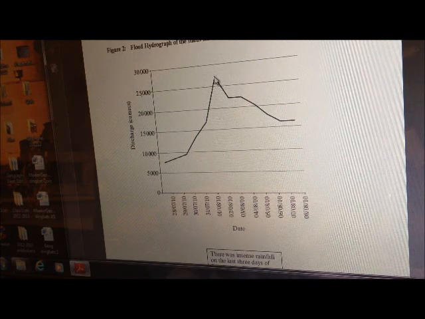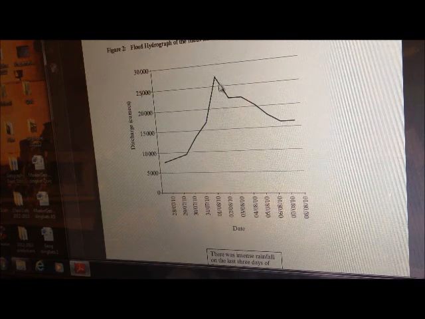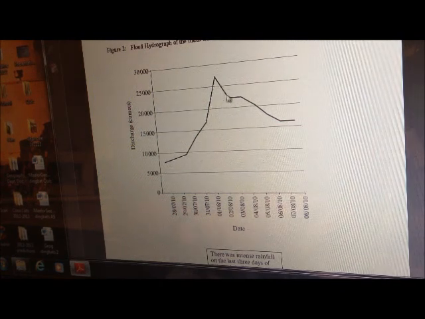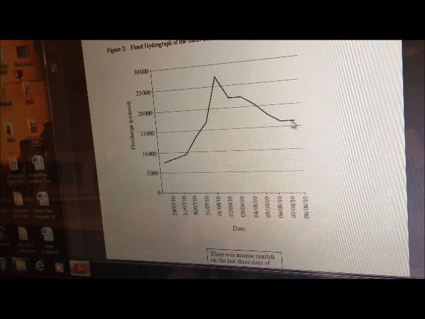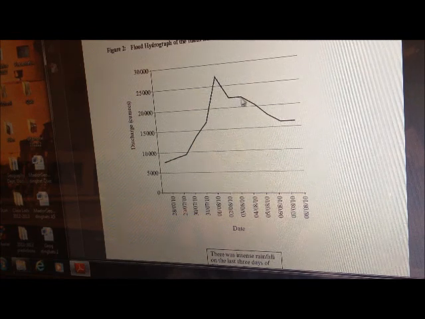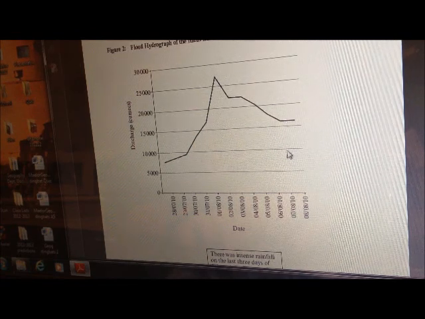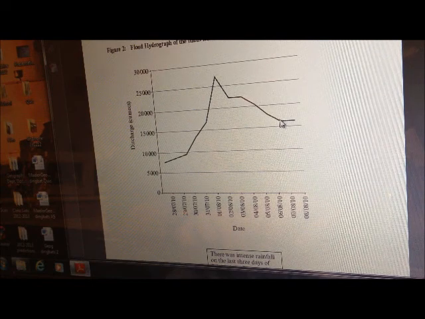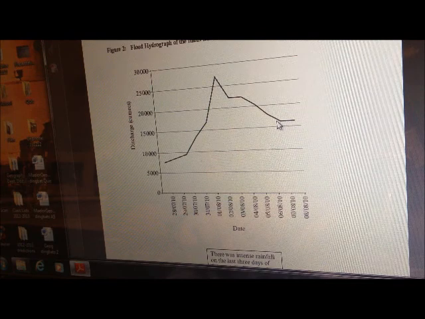As well as the date of the peak discharge, you could say it is about 27,000 cubic metres. And then on the falling limb of the hydrograph, there's a steady decline until the 7th, when it starts to level out, then levels out from the 7th to the 8th of August.